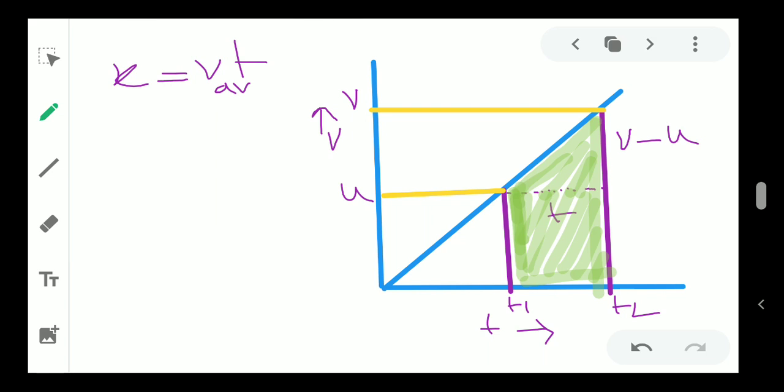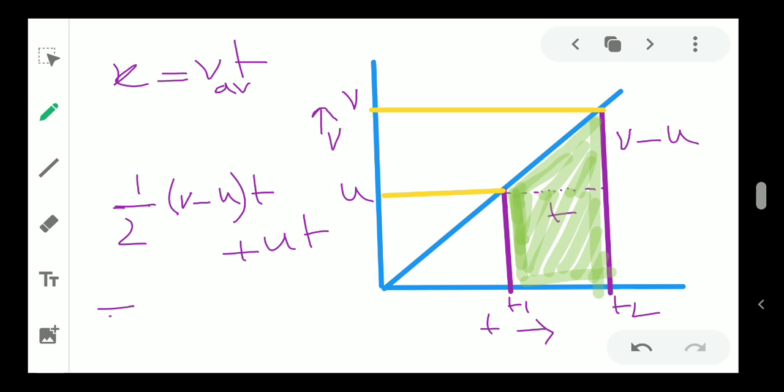If you want to find it geometrically, we can do one thing. The first part is half into v minus u into t, right? And the downside is 0 to u, that is u into t, so plus ut.